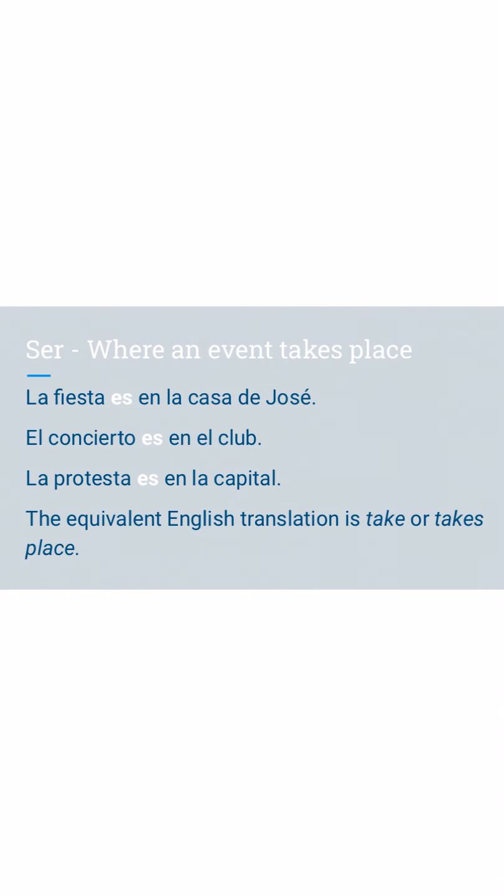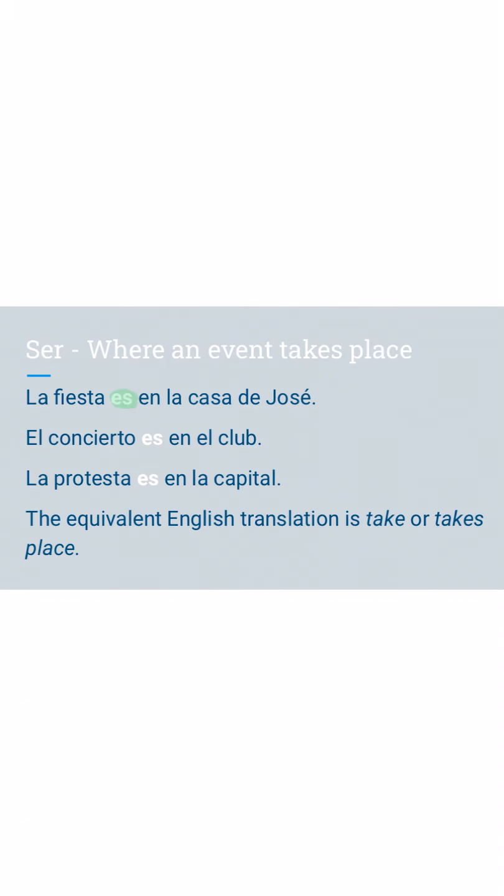All right, and our last slide, guys, you made it this far, is finally where an event takes place. Now, this seems like it would also be like a location, so maybe something temporary, but if you look at it, it's a singular event, and where it is where it is. That's not gonna change. So we have, for example, la fiesta es en la casa de José.